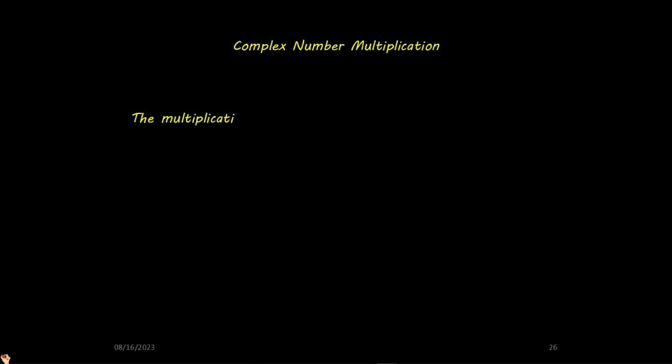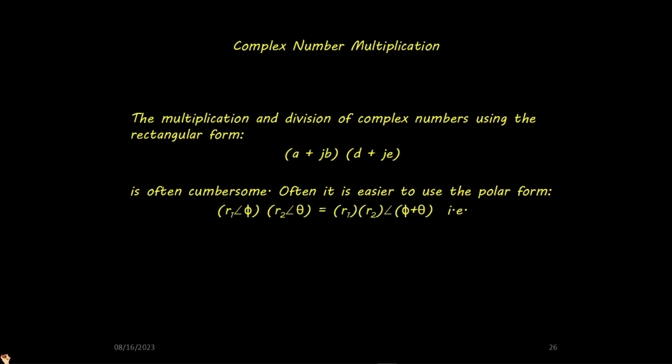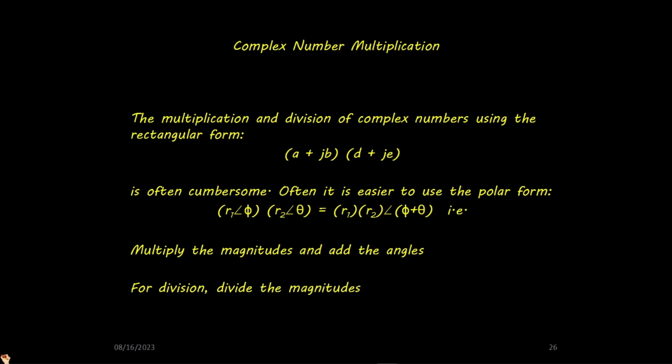The multiplication and division of complex numbers using the rectangular form is often cumbersome. Often it is easier to use the polar form. For multiplication, multiply the magnitudes and add the angles. For division, divide the magnitudes and subtract the angles.